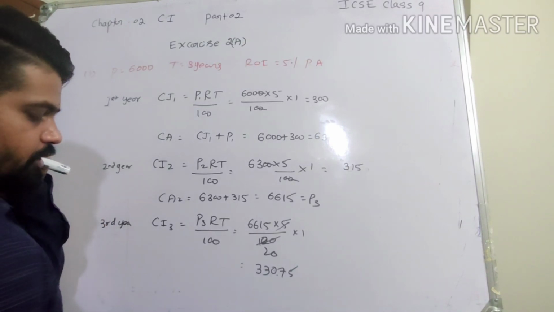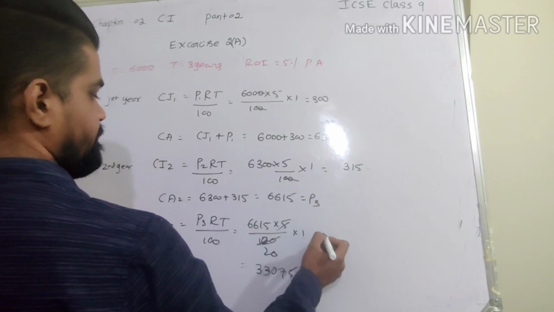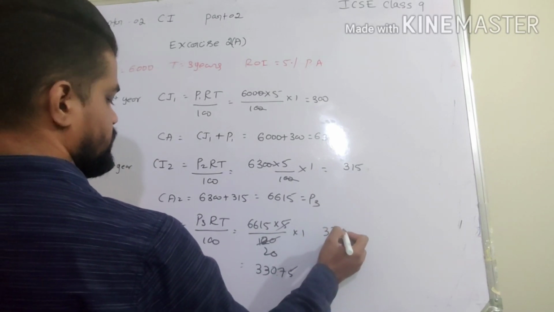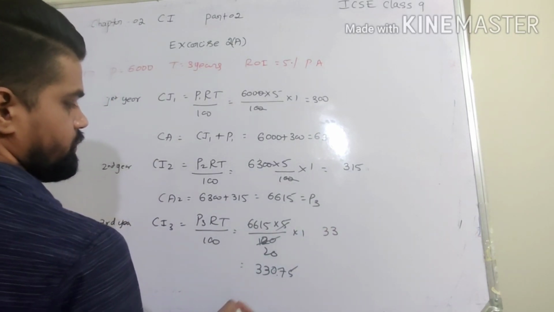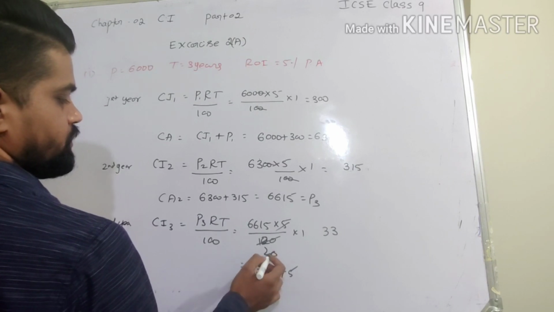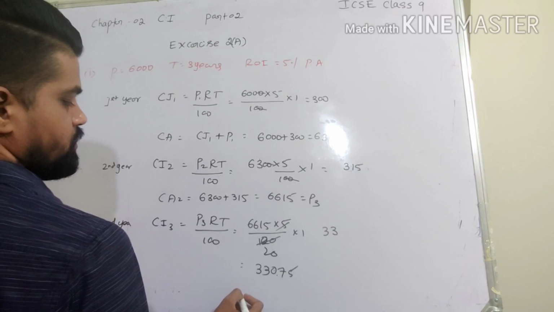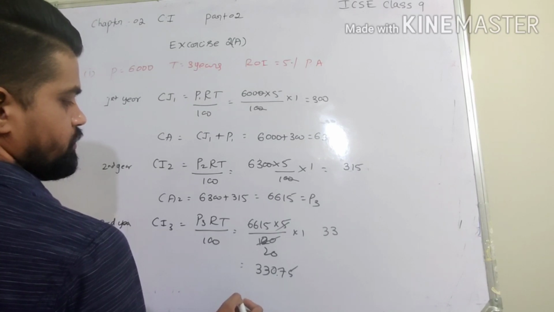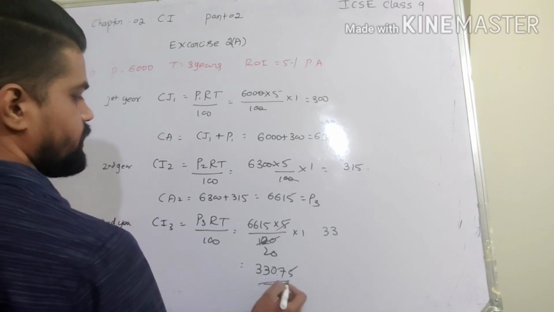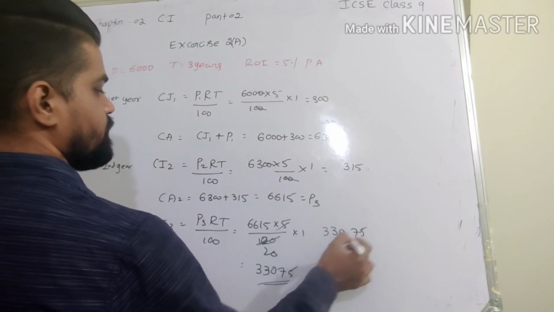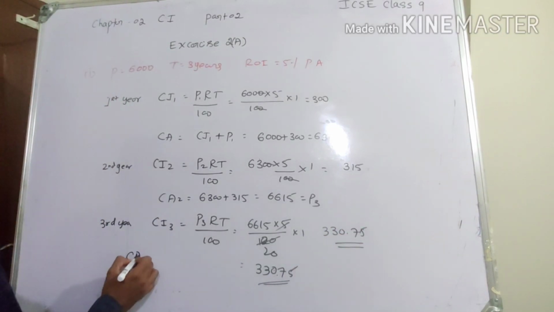So this will be our next interest, 330. Is the division correct? Let me see. Yeah, it's correct. 330.75.